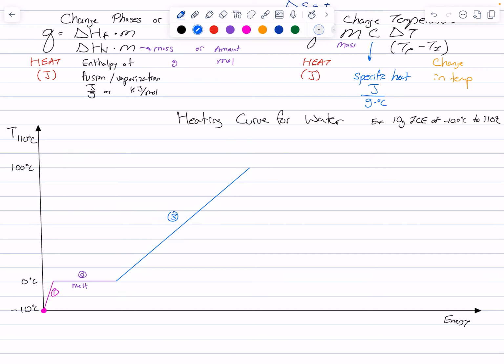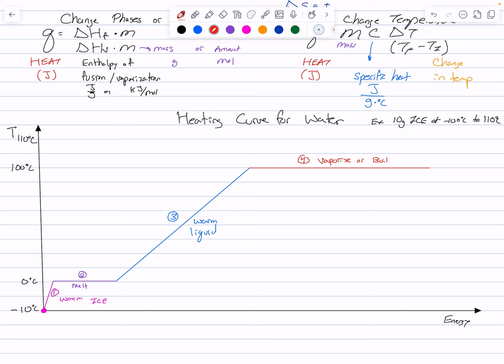Number 3, to warm the water. So step 1 was to warm the ice. And then step 4, we're going to vaporize or boil.